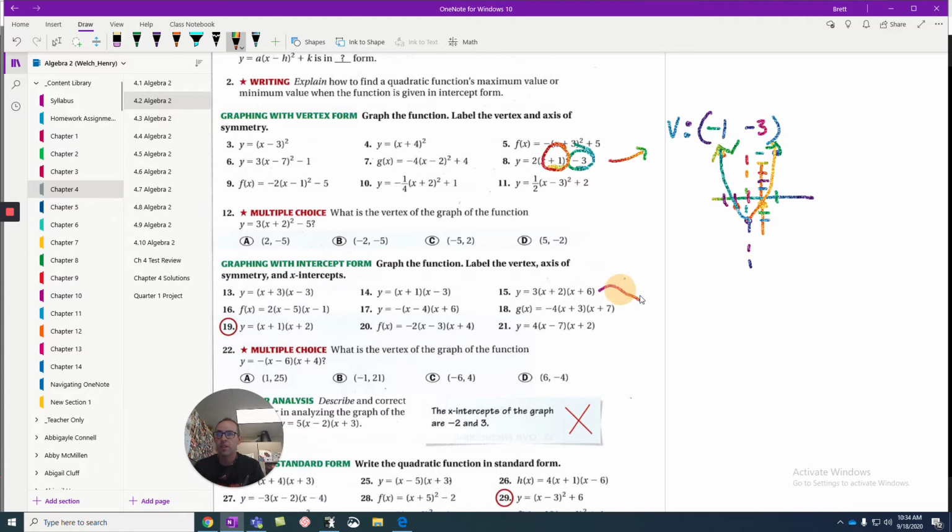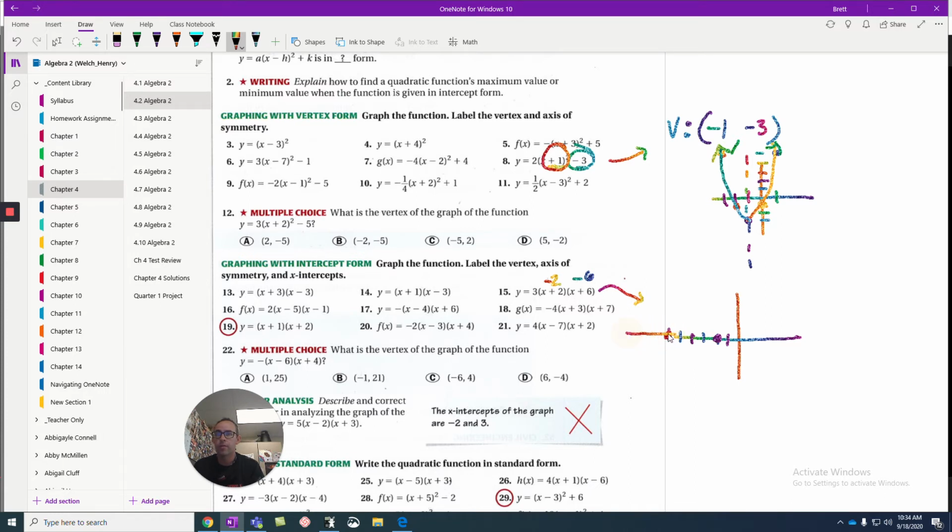Let's take a look at question number 15 as our other example. This version of the equation doesn't give me the vertex, but what it does give me are 2 points, one at -2 and one at -6, where I'm going to be crossing the x-axis. So 1, 2, got to have a dot there. 3, 4, 5, 6, got to have a dot there.